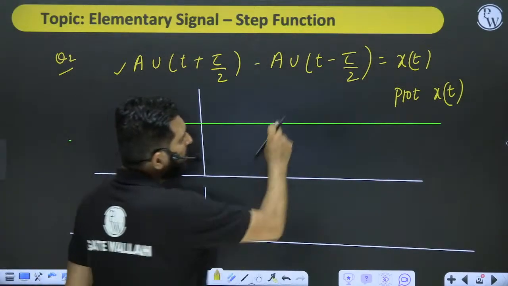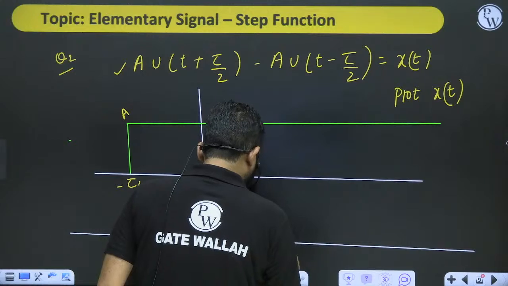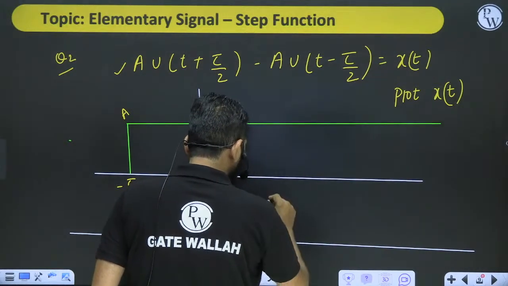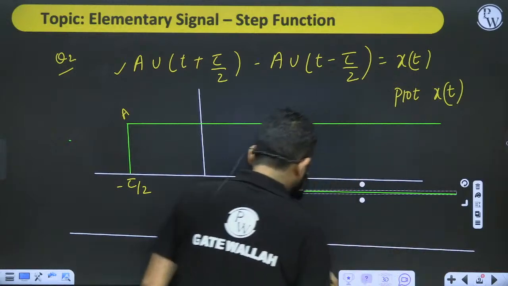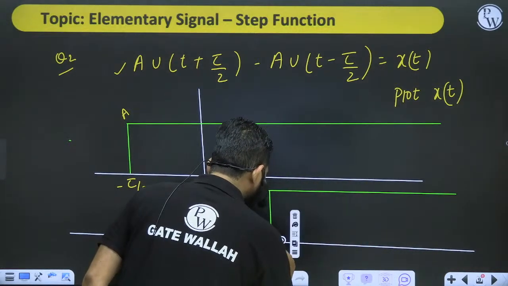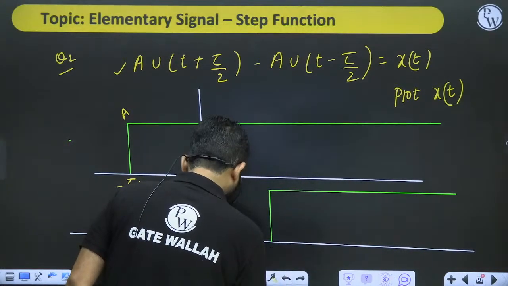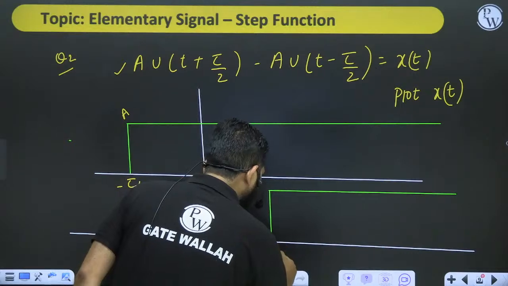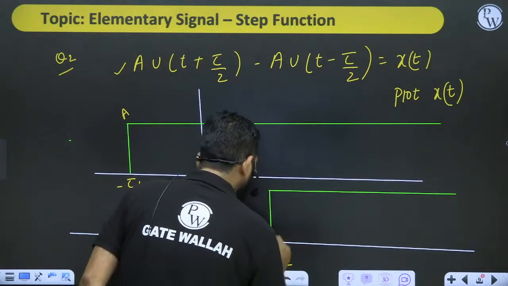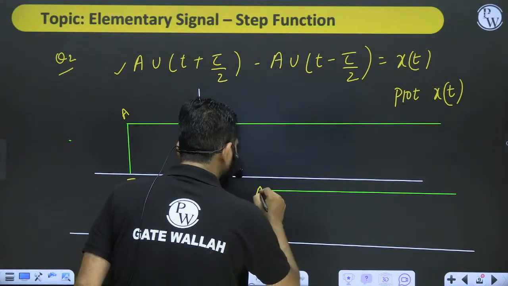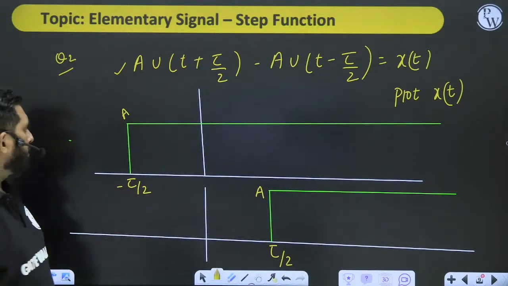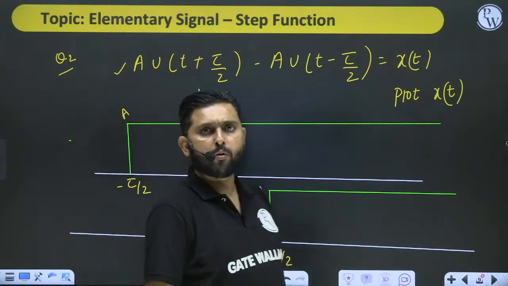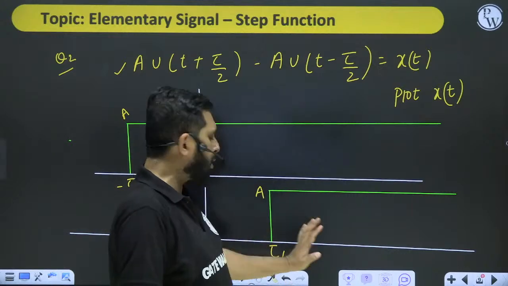This is a function which starts at this value, so it is AUT minus tau by 2.